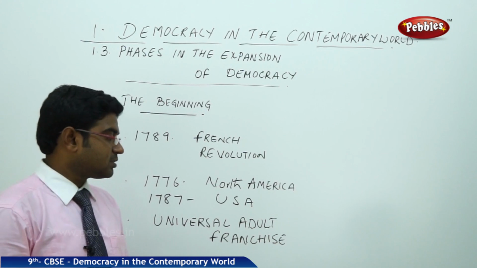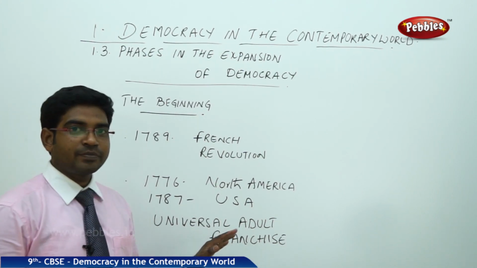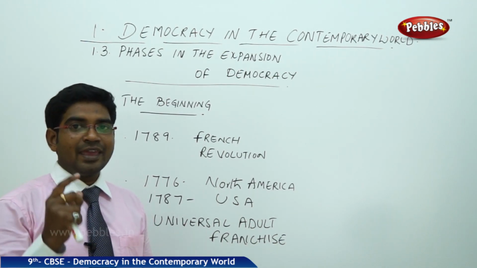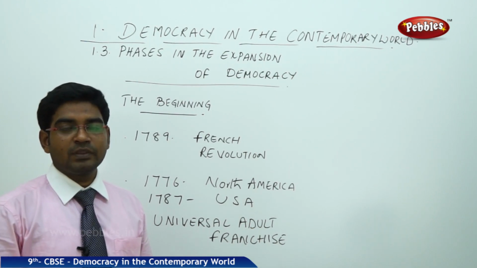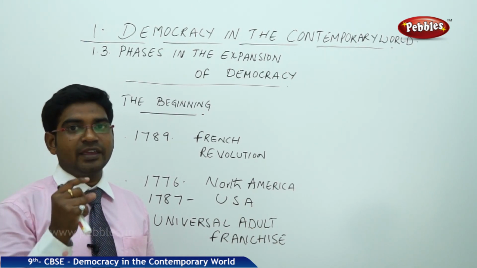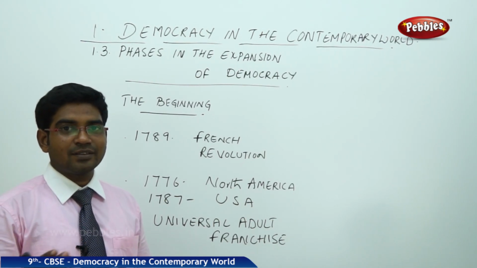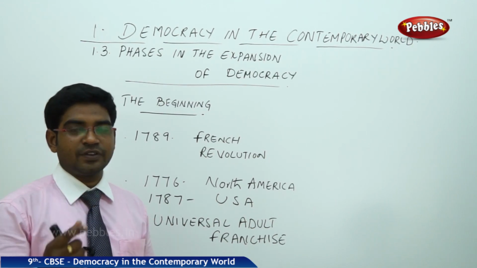Now moving on to understand the concept of universal adult franchise. Universal adult franchise means that every individual, man or woman, whoever attains a certain age prescribed by the constitution, let us say for example India, where 18 years of age is prescribed by the Constitution of India.